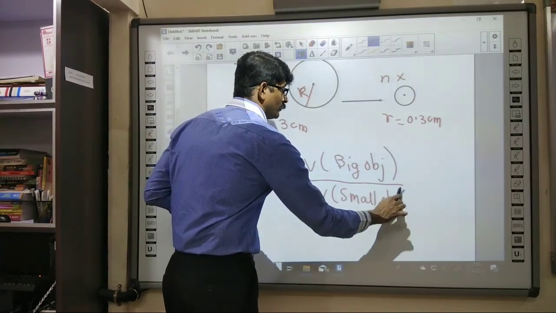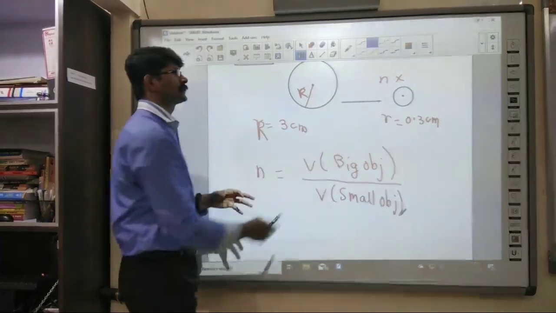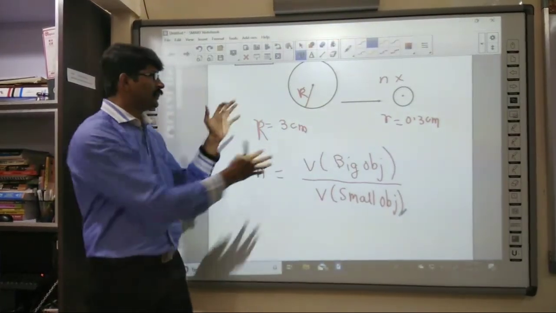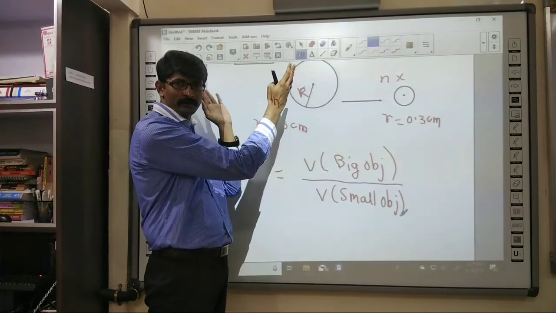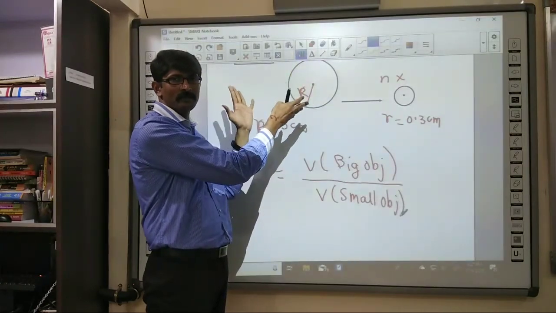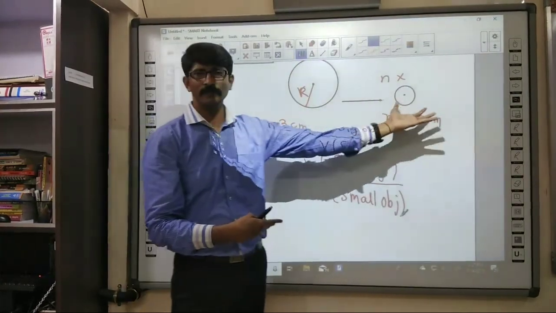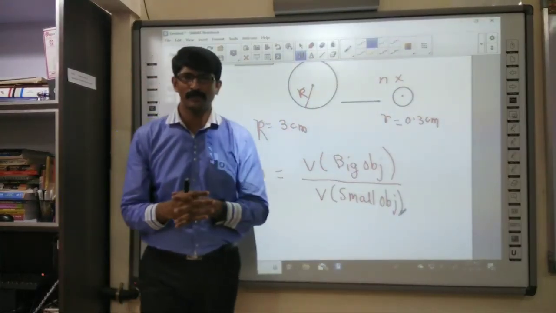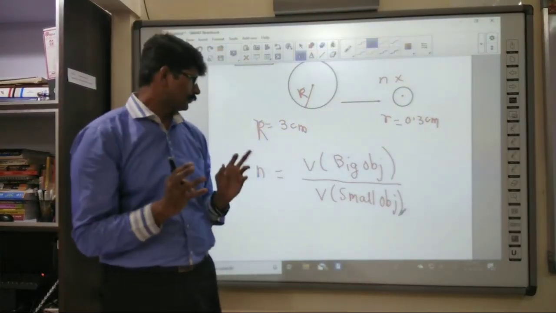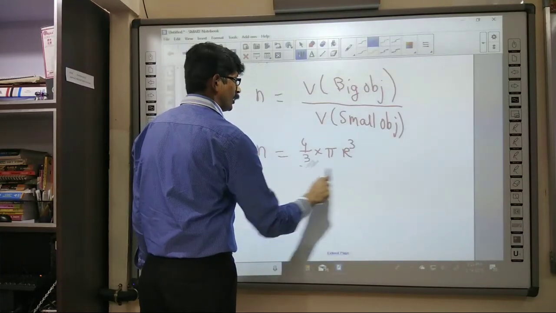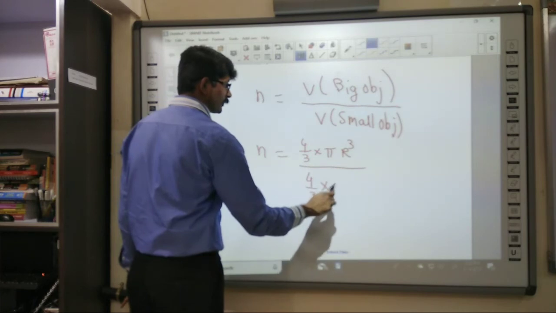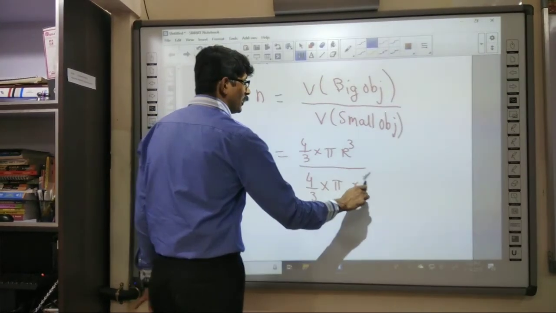Over here, we have both objects as spheres only, but in the examination there may be a cube, a cuboid, or a cylinder that has been converted into a sphere or a cone or anything. Whatever types of shape we've learned, they can ask you all. So 4 upon 3 pi capital R cube upon volume of small object, again a sphere, so 4 upon 3 pi small r cube.